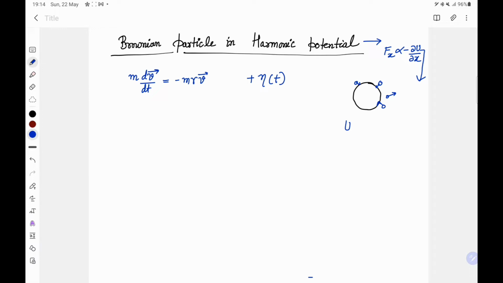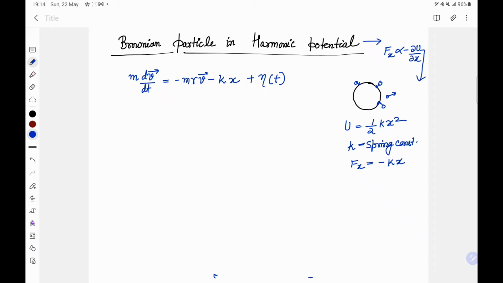For that case, let us choose U as 1 by 2 kx square, where k is the spring constant, and then Fx will be minus kx. So there will be an extra force term added, minus kx.